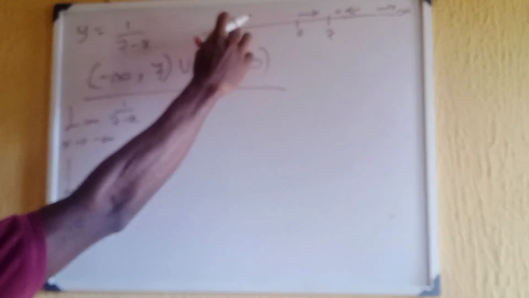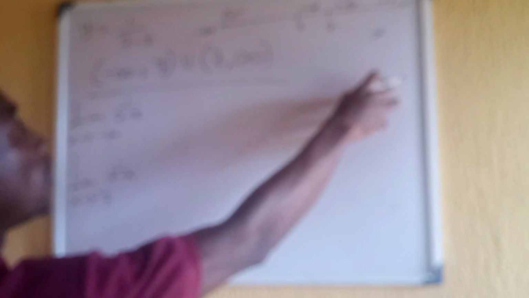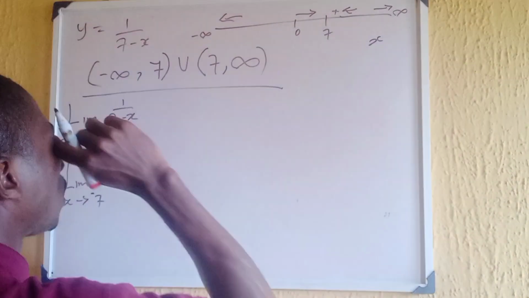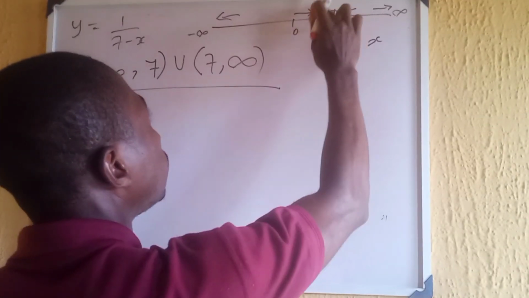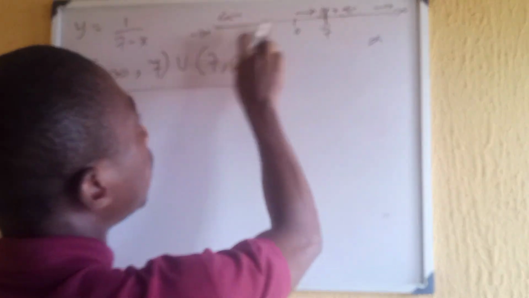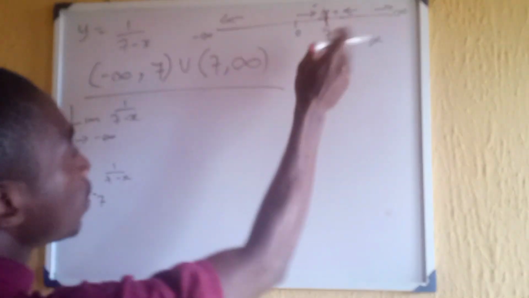So x tending to infinity, this guy is x, that's this number line. X tending to negative infinity is towards this side. Then x tending to, because this is our boundary, x tending to 7 is this side, from the negative side.